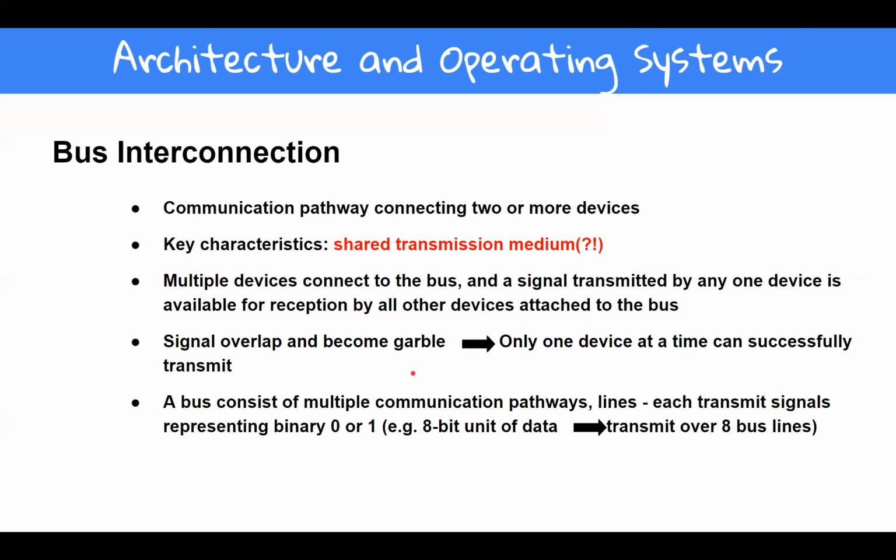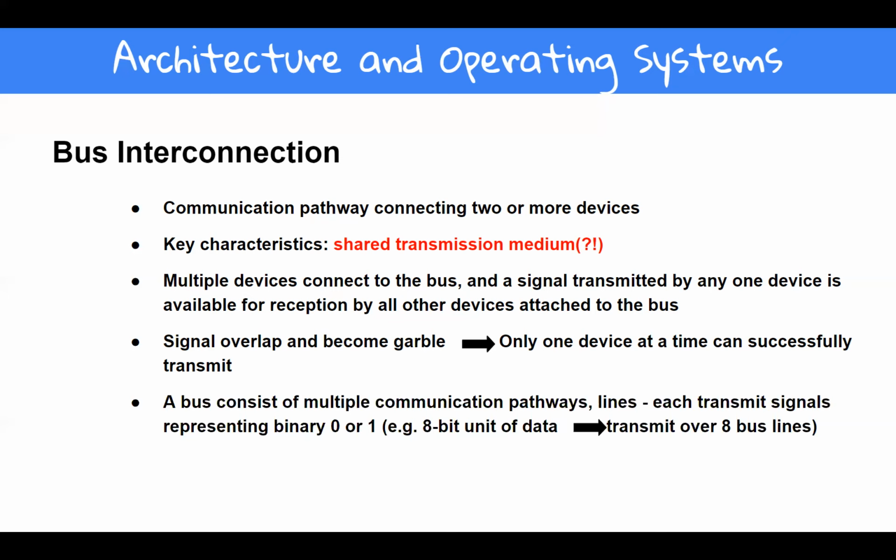What is a bus? A bus consists of multiple communication pathways. We call each of them a line. Each line transmits signals representing binary 0 or 1. We know that in the computer we use digital systems, 0s and 1s. Each bit is transmitted by a single line.